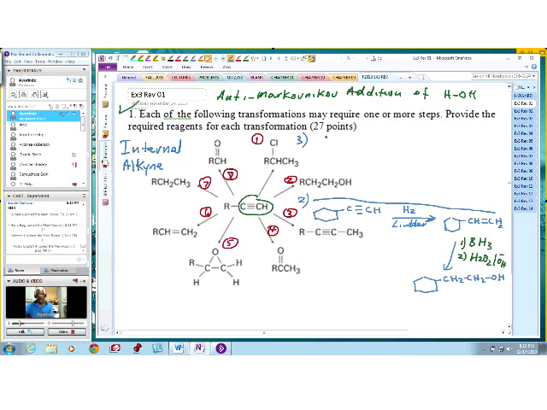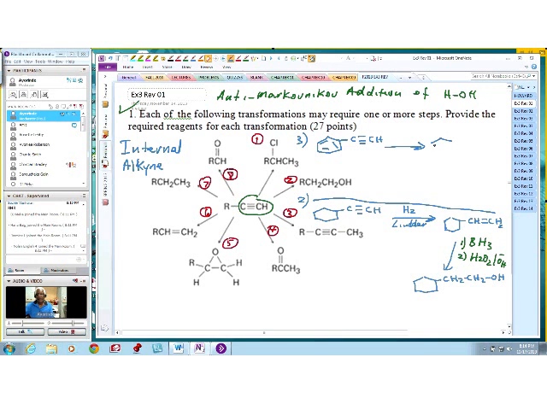Well, let us use this molecule here. Let us use this alkyne. Supposing we use this one here, benzene attached to a carbon-carbon triple bond. Okay. And what do they want us to do?